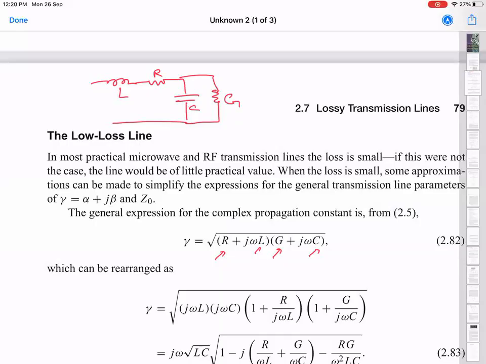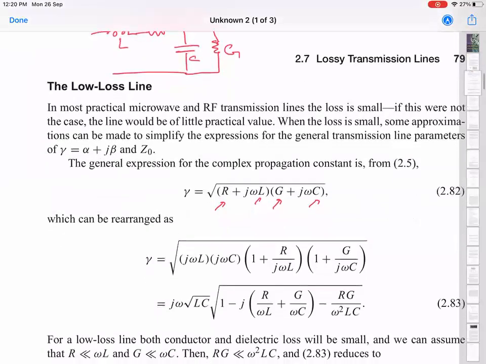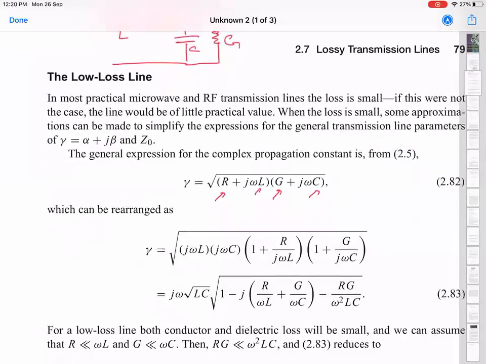And the simple model of a low loss line basically is that these quantities here are small, especially this one. So R is much smaller compared to omega L, and G is much smaller compared to omega C. So of course, here omega comes into the picture, which means that these approximations are not valid at very low frequencies.